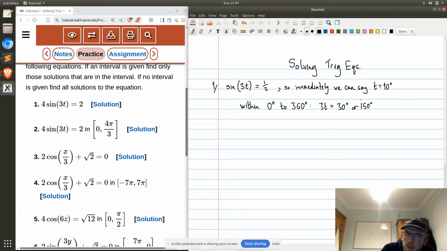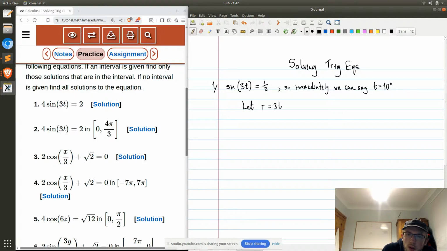Now, how to precisely do this? So we could say it's, how to do this. Right.